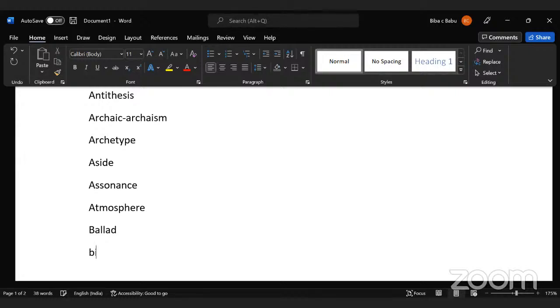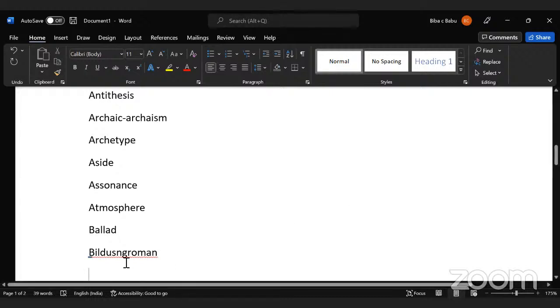Next is Bildungsroman. Bildungsroman is a kind of story about the growing up of the character, often used in fiction that focuses on the growth of the main character.